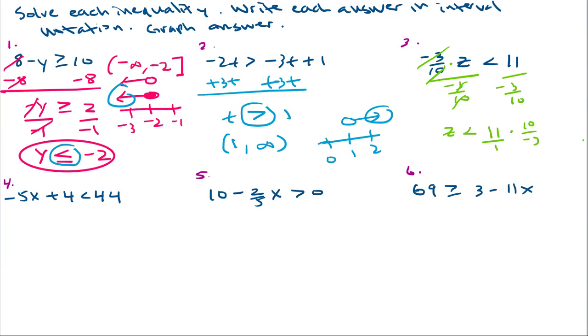That gives us z is less than -110 over 3. Okay, so that's one way.